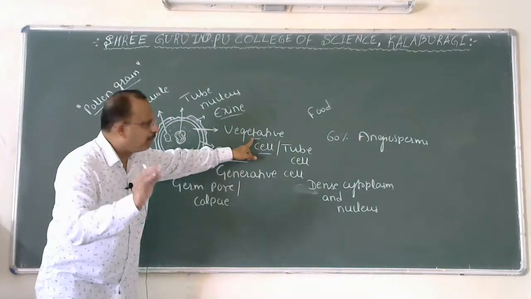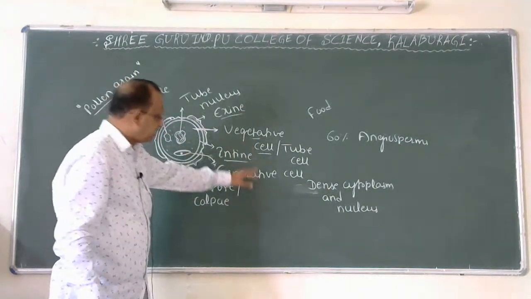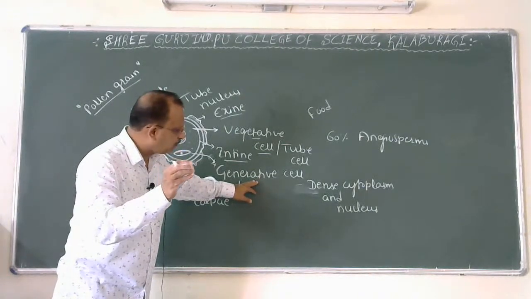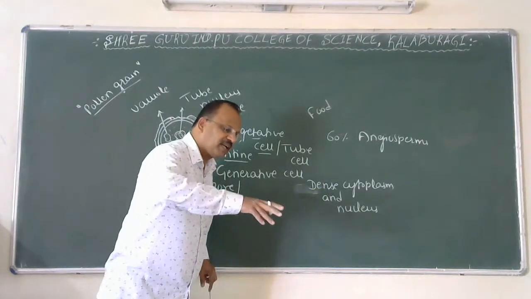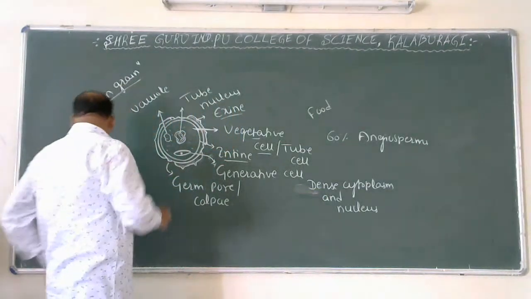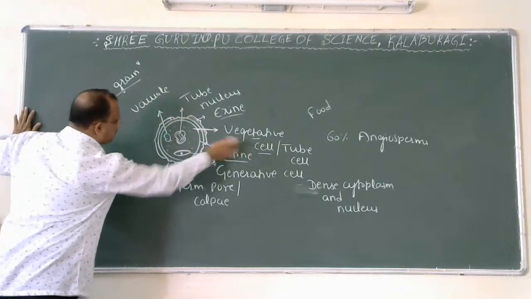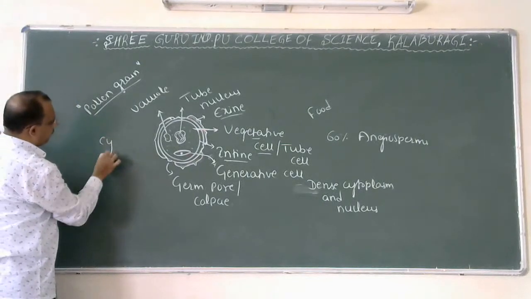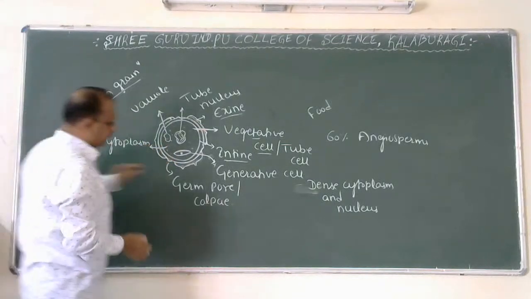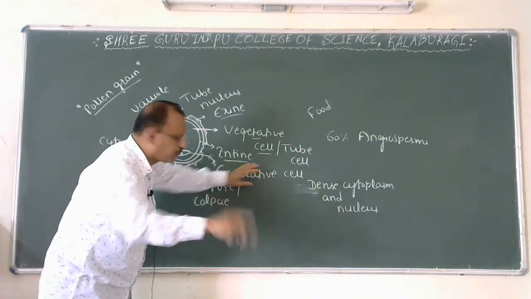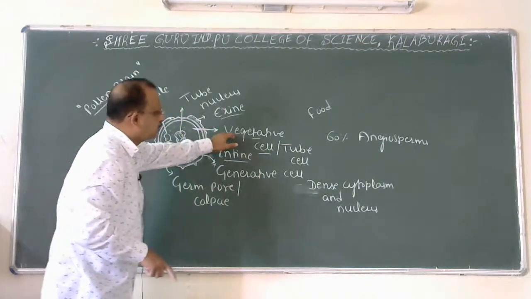The vegetative cell has abundant food with an irregular shaped nucleus, whereas generative cells are spindle shaped with dense cytoplasm and nucleus, floating in the cytoplasm of the vegetative cell.